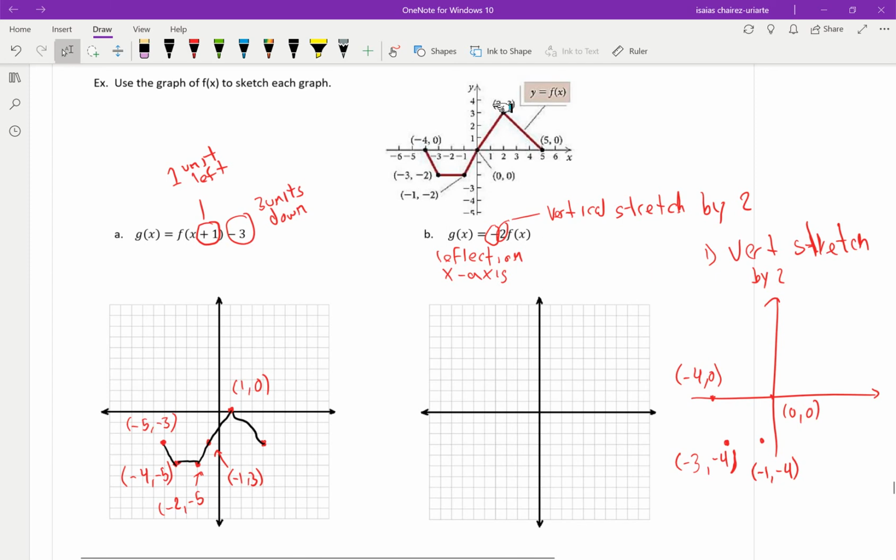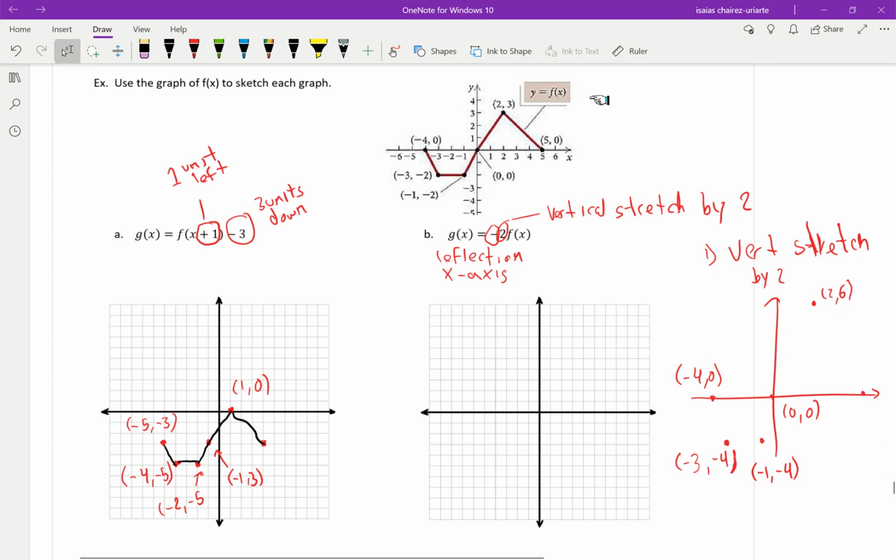And then this point right here, the x is the same, 2. The y gets multiplied by 2. So that's 2, 6. Let's say that it's all the way up here. And then finally, my last point, the x stays the same, the y gets multiplied by 2.